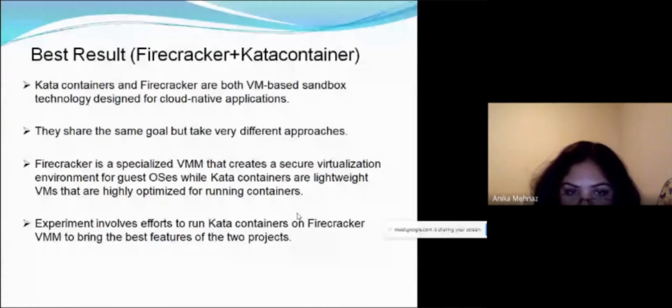Firecracker is a specialized VMM that creates a secure virtualization environment for guest operating systems, while Kata Containers are lightweight VMs that are highly optimized for running containers. It's still an experiment. The experiment involves efforts to run Kata Containers on the Firecracker VMM to bring the best features of the two projects.